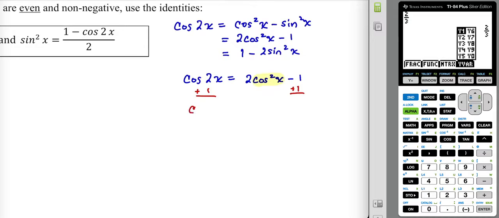So I'd have cosine 2x is equal to 2, oh, sorry, I forgot the plus 1. The whole reason I did this. Plus 1 is equal to 2 cosine squared x, and then divide out the 2.